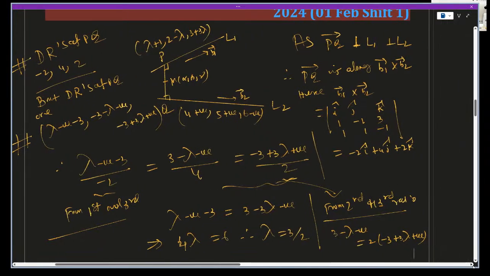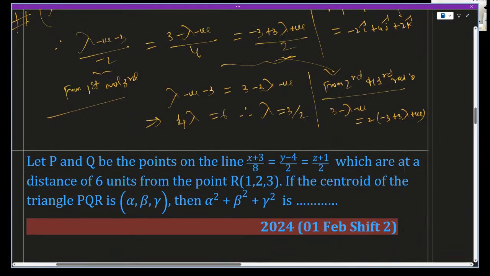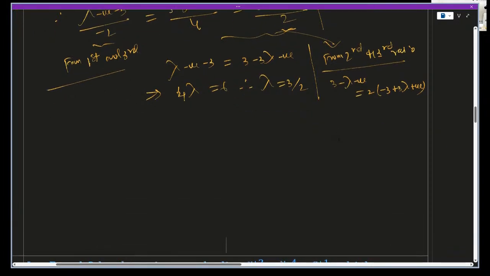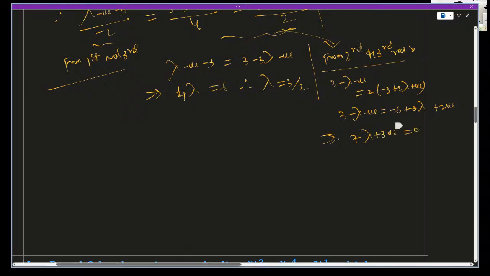So the relation you are getting from here will be 3 minus lambda minus mu, 6 lambda plus 2 mu. So this is 7 lambda plus 3 mu equal to 9.